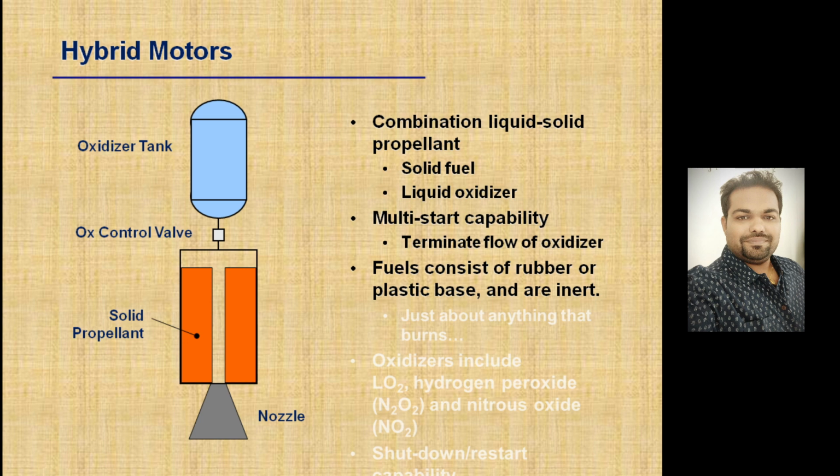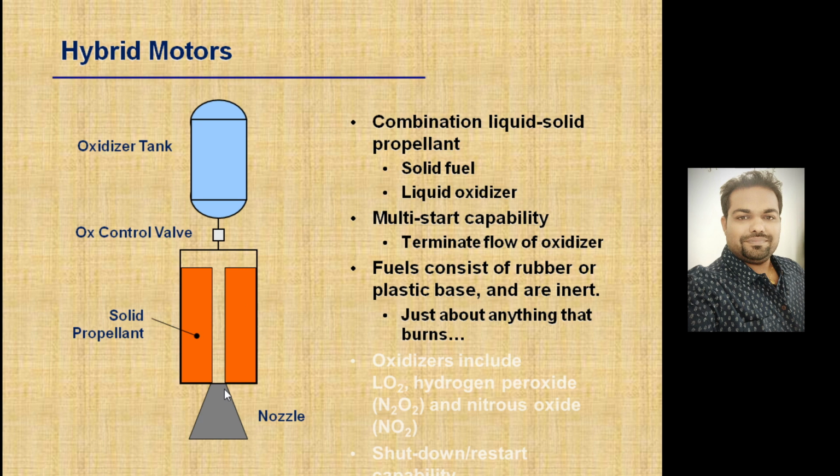The fuel used in the hybrid motor may have a rubber or plastic base and is inert. So anything which can burn can be filled inside this combustion chamber as a fuel. And the moment the oxidizer comes and reacts with the solid propellant, your burning starts.